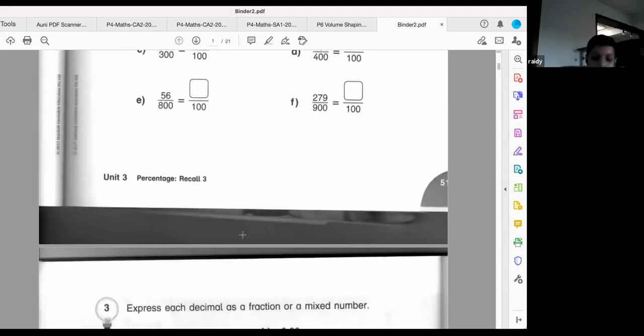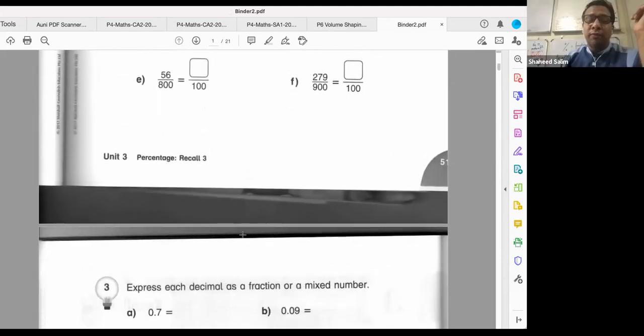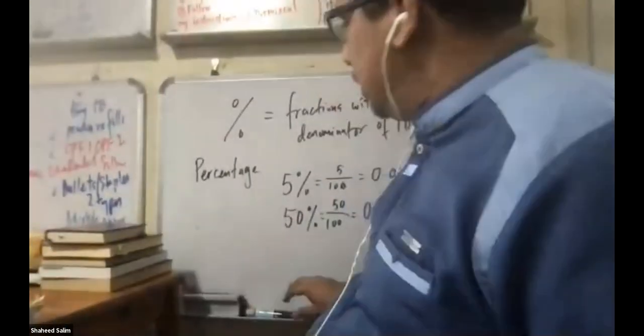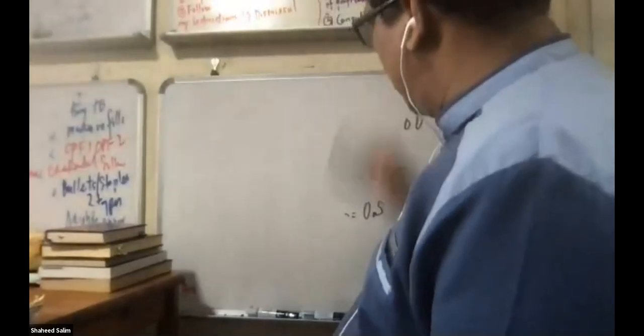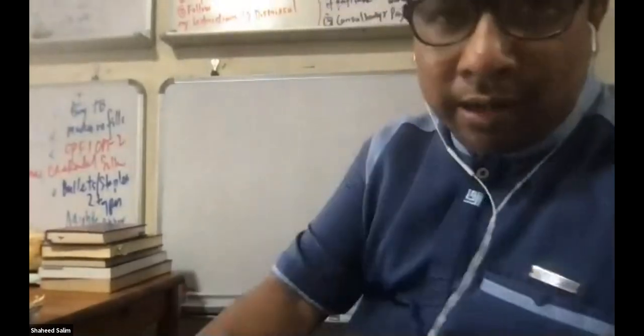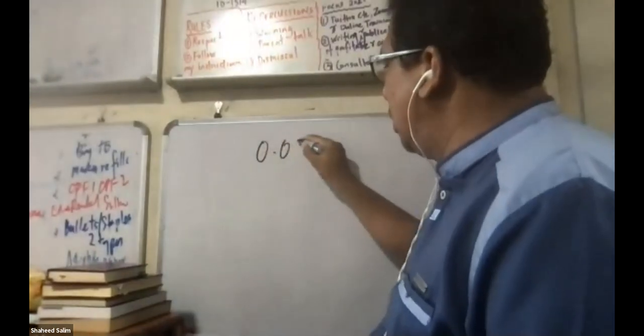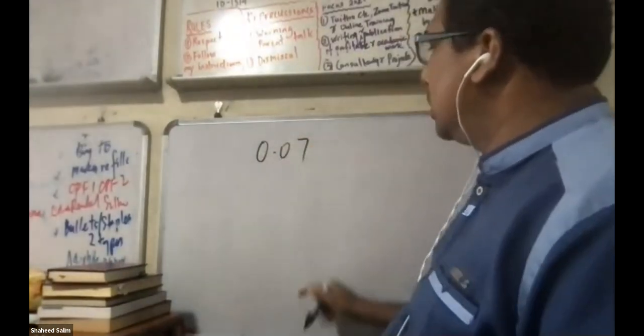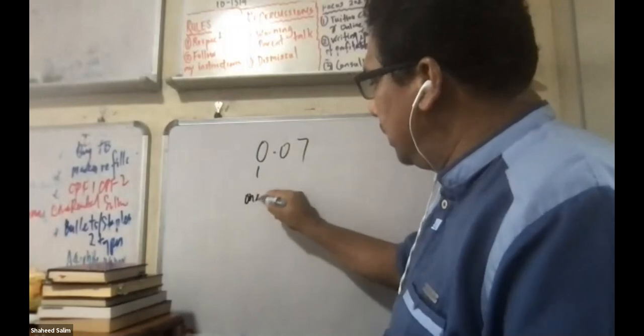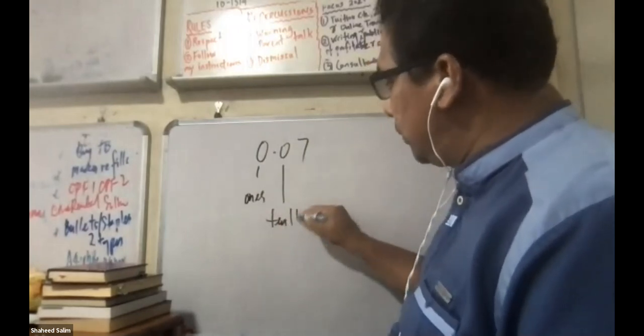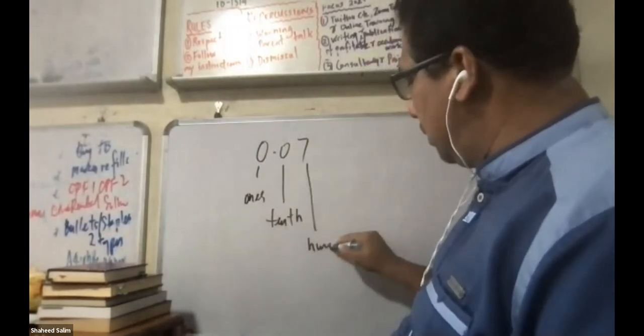Now decimals. They want you to change them to fractions. Let's revise first. You want to change a decimal to a fraction. First of all, you must know the position values down here. So let's say 0.07. This one is ones, this one is tenths, this one is hundredths.